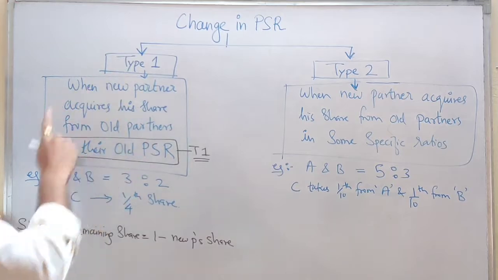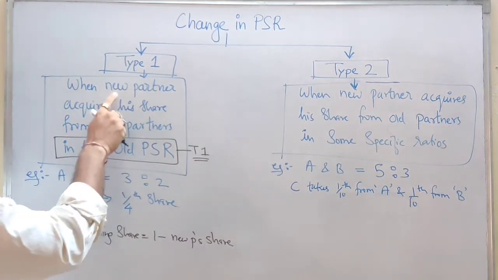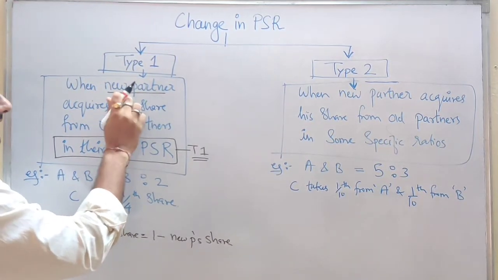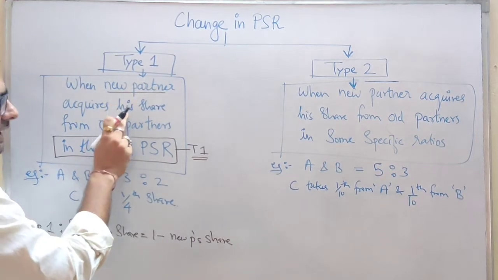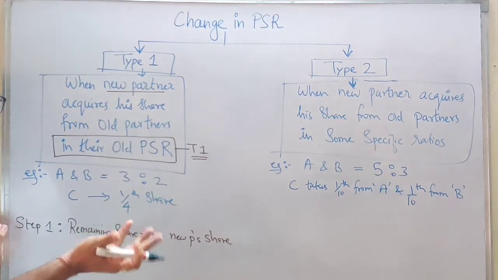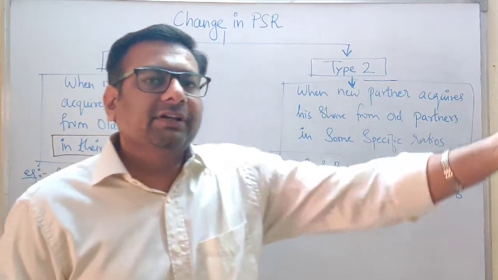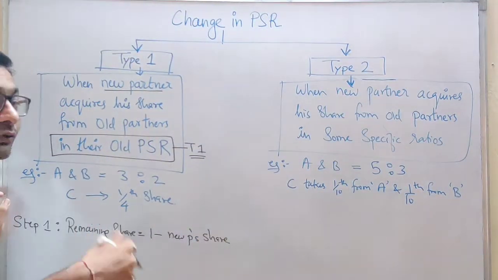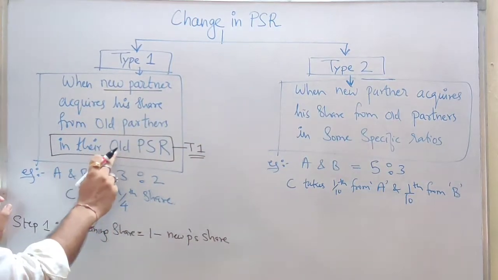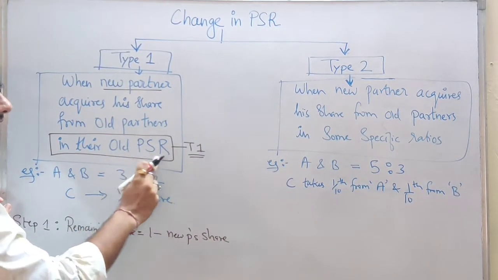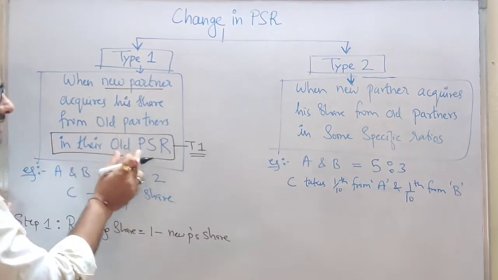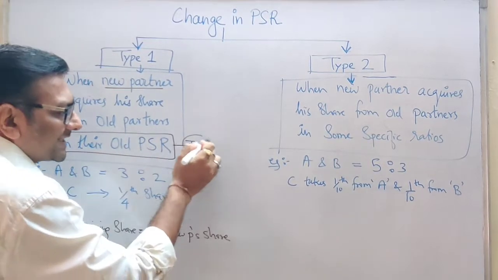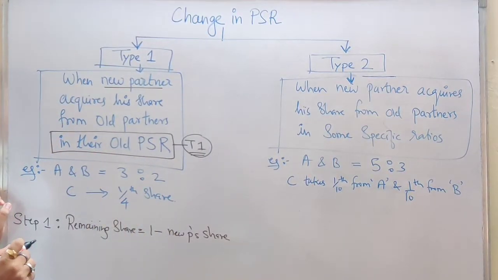So what is happening here in type 1? The new partner is getting his share from the old partner, which is obvious. The old partners will have to give some part of their share to the new partner. Now, how are they giving? They are giving in their old profit sharing ratio. If they are giving in their old profit sharing ratio, it is type 1, students.